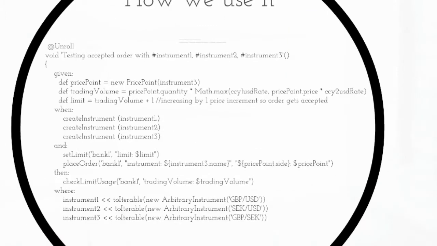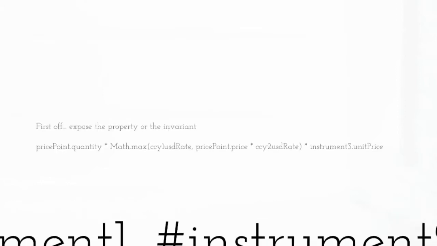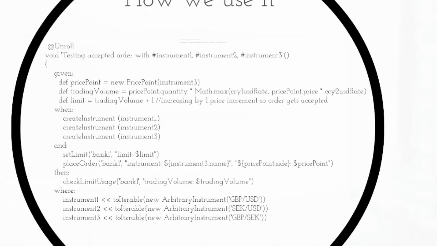So going back to this test, if you remember, we had orders being accepted, orders being rejected, we had a size, you had a buy, you had a sell, and this is all done for you. In this case, this only works for the accepted side, and you can see how the rejected side would be easily derived. And you can see that the trading volume there, I add 1.